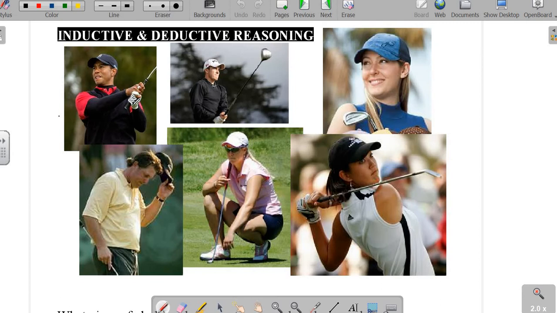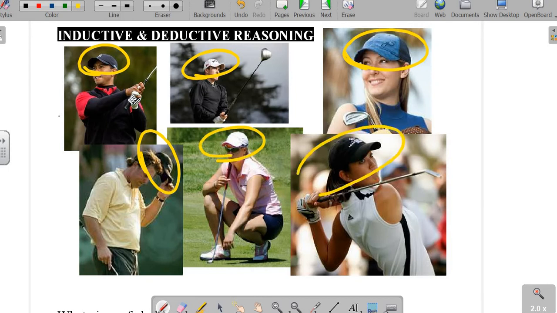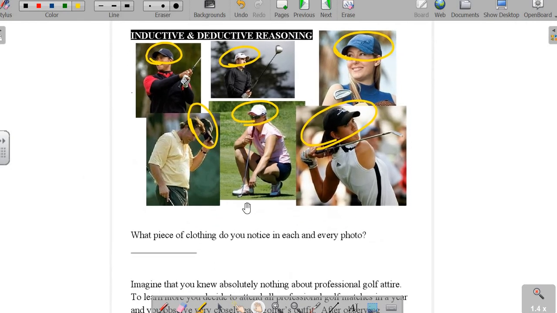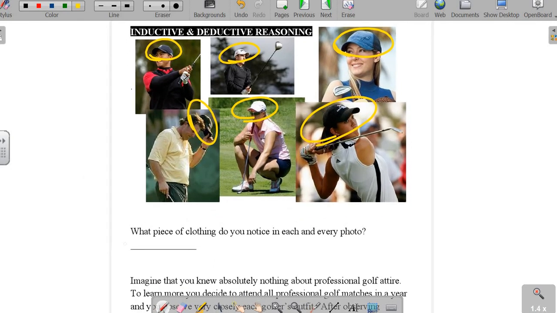What do you notice? In every situation, all the golfers are wearing a hat of some sort. Obviously, baseball cap seems to be favored, but a hat of some sort.